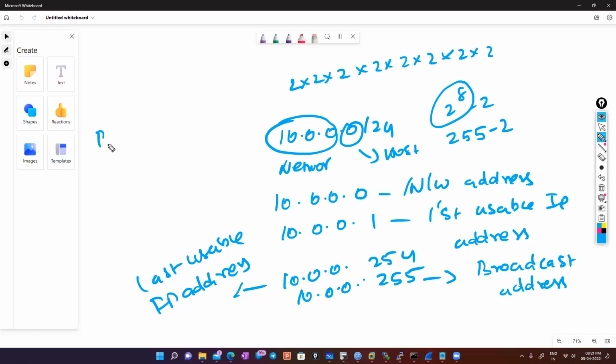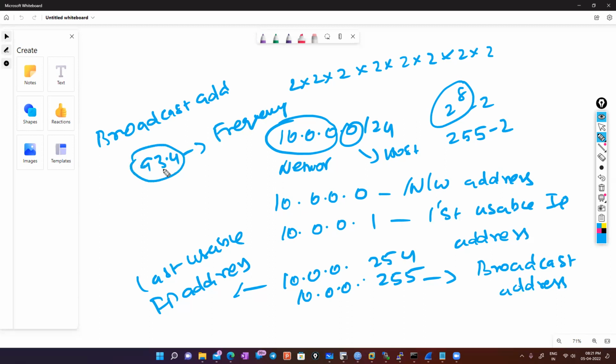So what is a broadcast address? Say, for example, 93.4 is the frequency set for your FM. If you tune to this station with this number, everybody can listen to it, right? This is broadcasting. If you set this frequency on your radio, you can start listening to whatever is broadcast.